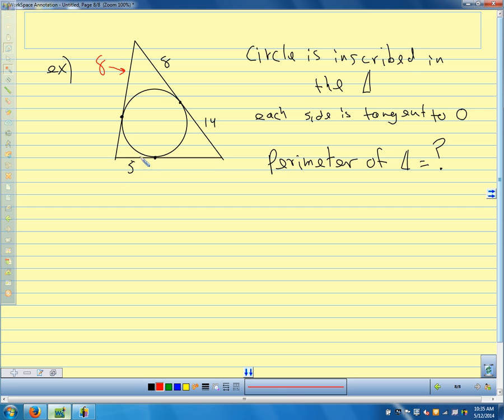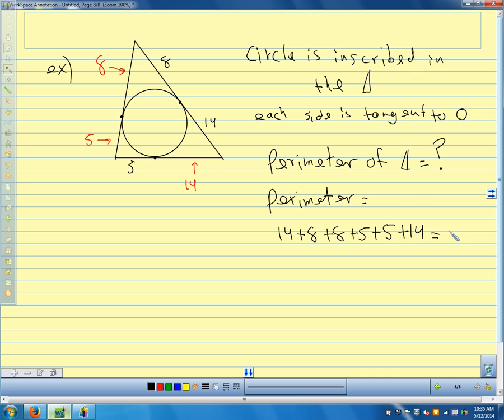Here are two tangent segments that have a common endpoint outside the circle. So what does that piece have to be? 5. And this piece, two tangent segments outside the circle, that has to be 14. So our perimeter, all of these added together, 14 plus 8 plus 8 plus 5 plus 5 plus 14.